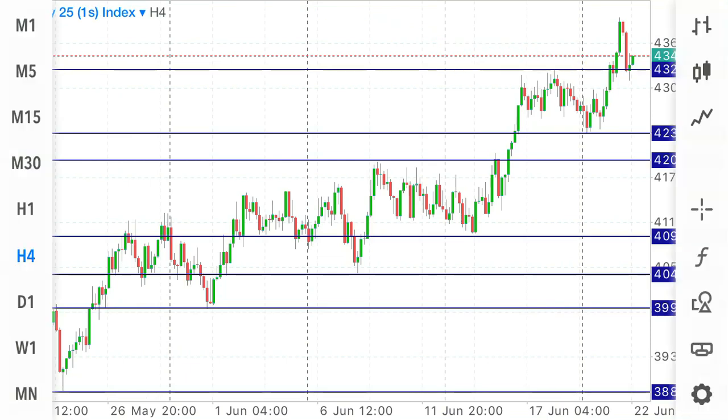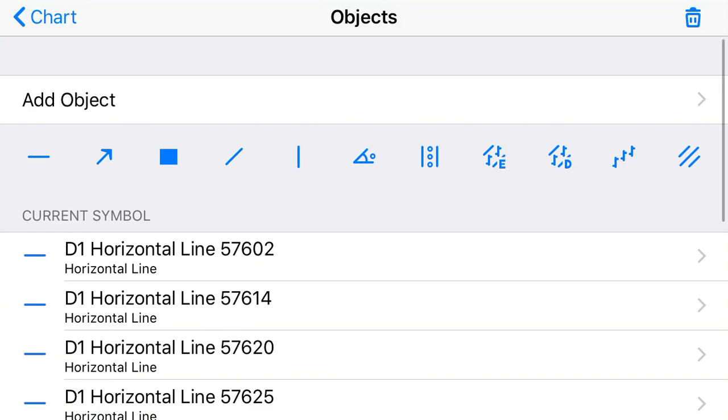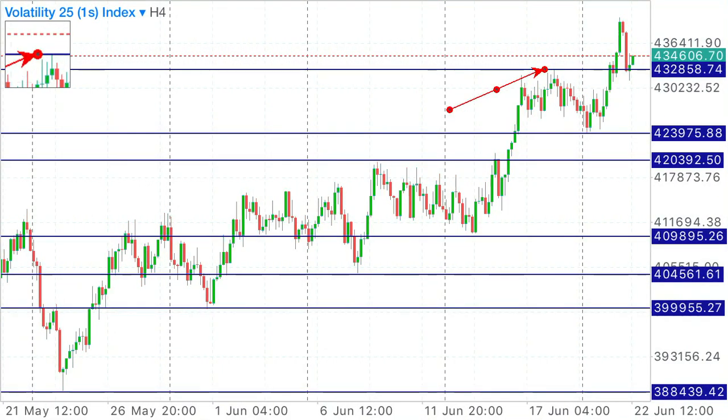If you can check here, .432858 was our resistance, right? And then this arrowed candlestick managed to break above that resistance line. So that resistance line is no longer a resistance.